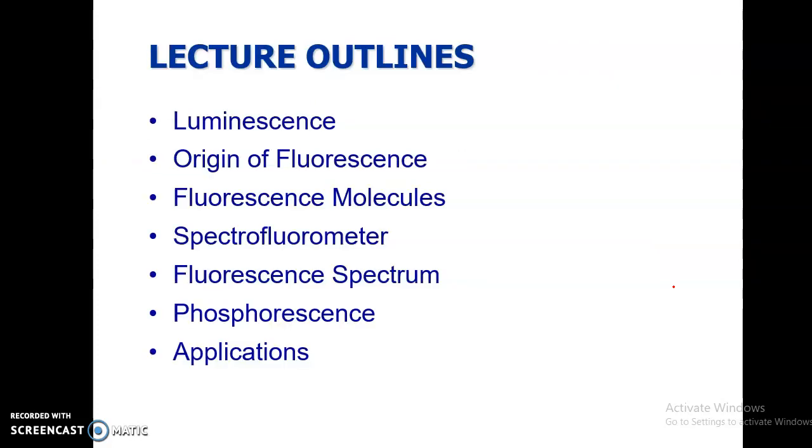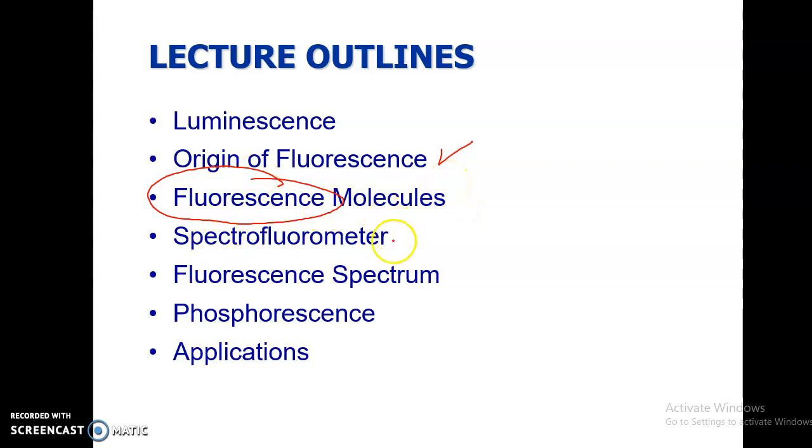So for this topic, I'm going to introduce to you what luminescence is, the origin of fluorescence, and what makes molecules fluoresce. There must be something inside the molecule that makes it fluoresce.